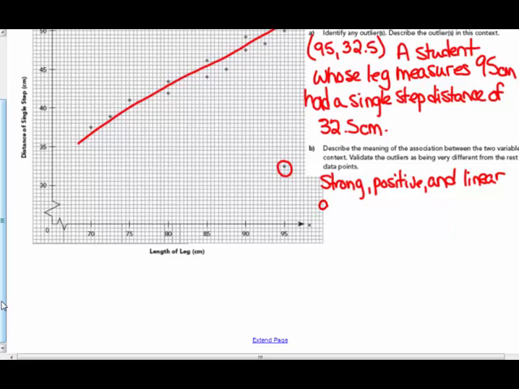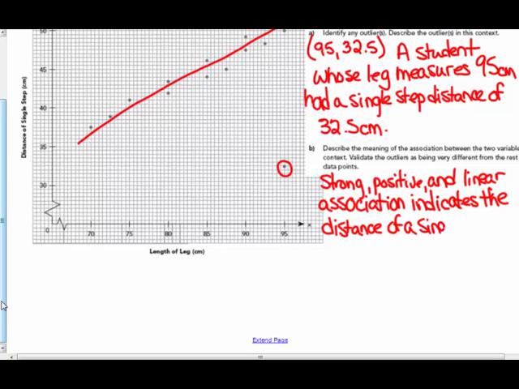It indicates the distance of a single step increases with increasing leg length.